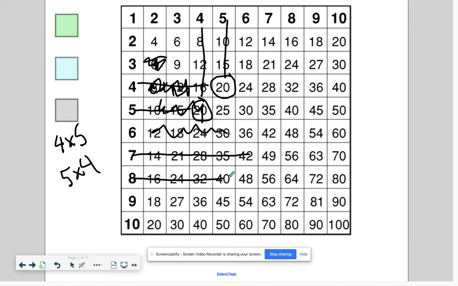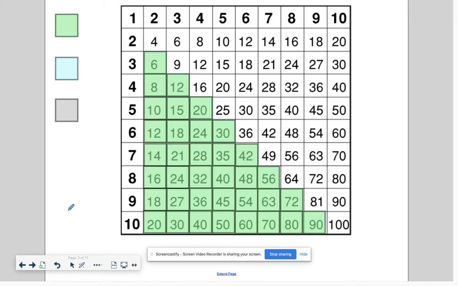I don't need to know any of them because they're all going to show up on the other side of the table. So in fact, if I block all those out in green here, those numbers are repeats. They show up twice. Here's my 6, here's my 12, here's my 10 over here. So I only need to know the ones here that are in white.